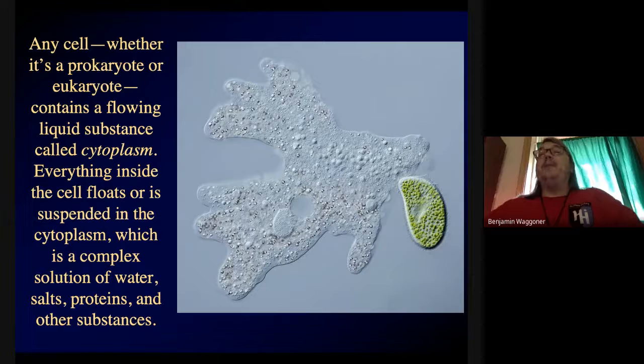So the cytoplasm is the liquid that contains all that grainy stuff inside this amoeba, which, by the way, has what looks like an empty bubble in the middle. That's not the nucleus, but the nucleus is just down and to the left of that empty bubble. That empty bubble is called a vacuole. We'll talk about that in a bit.